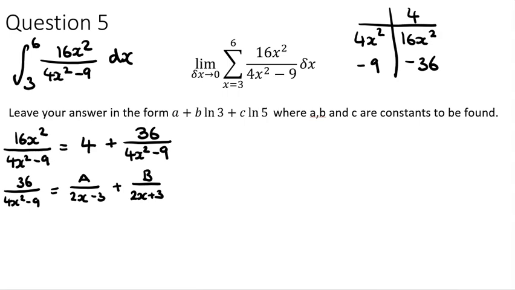Then I'm going to times both sides by 2x minus 3, 2x plus 3. So we get 36 equals A times 2x plus 3, as those 2x minus 3s have cancelled, and then B times 2x minus 3, as those 2x plus 3s have cancelled.